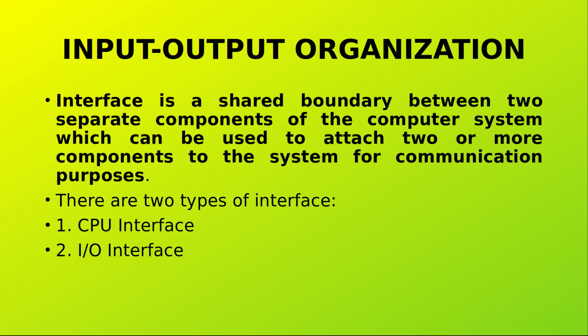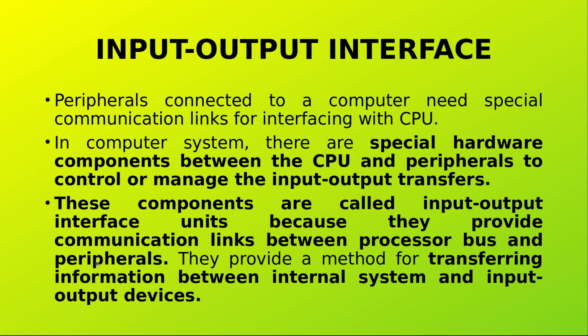There are two types of interface: CPU interface and input output interface. Special hardware is needed to connect the input output peripheral and the CPU. Then only will it function very easily.